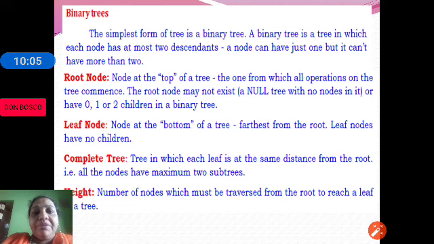Complete tree means from the root to the leaf, all leaves should be at the same height, same distance. Such a tree is called complete tree. Then we have height of the tree, that is the total number of nodes to be traversed from root node to reach a leaf node.